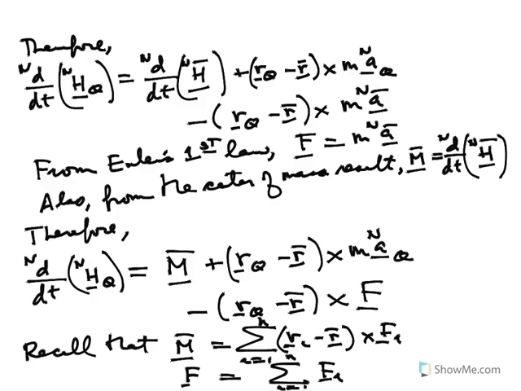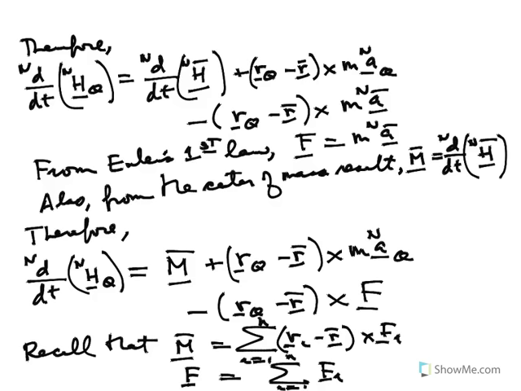Given those two relationships, we get the following. We have that the rate of change in N of HQ in N is equal to, actually we have to write one thing here, plus tau.